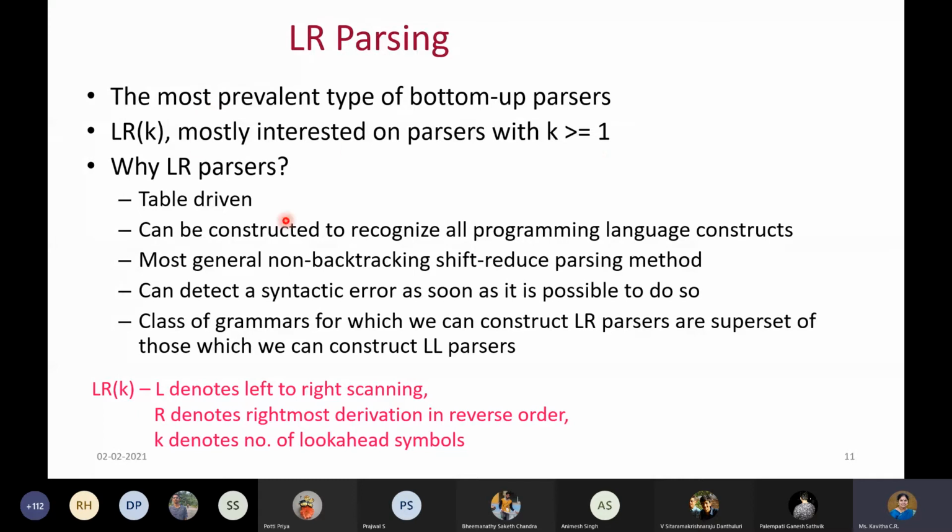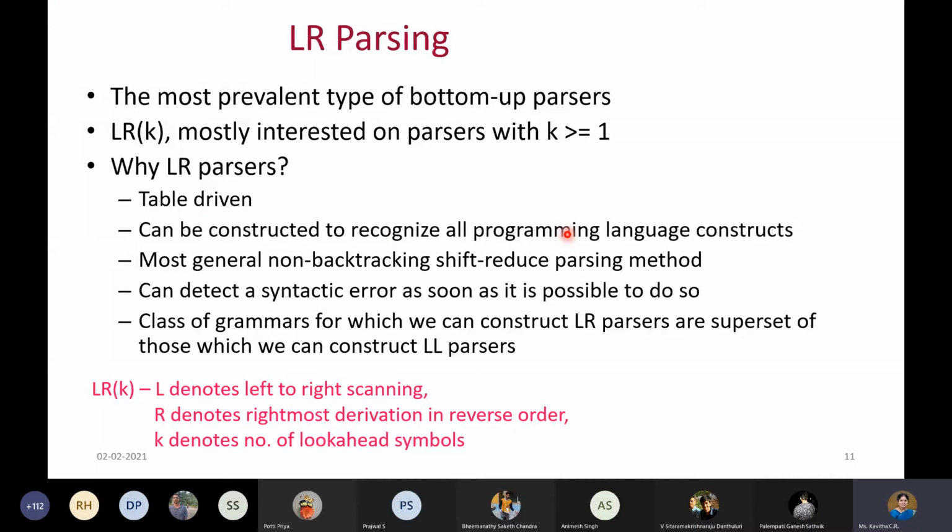And why do we have to go with the LR parsers? Definitely we have a lot of advantages. First thing is that it has the table form. Once you construct the parsing table, it becomes very easy for you to decide which action to be taken, whether it is the shift action or the reduce action. That is the biggest advantage, and it can be used to recognize all the programming language constructs.